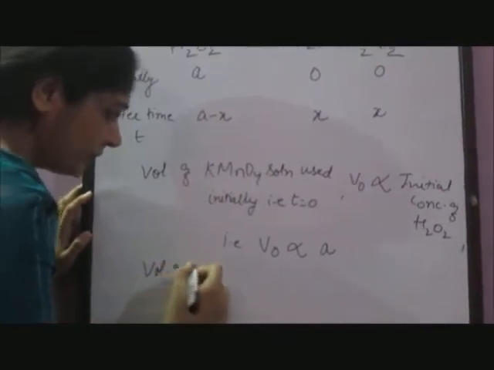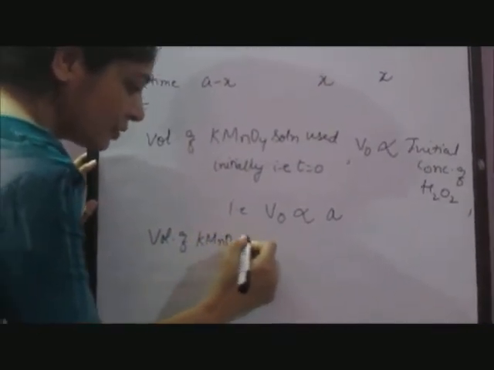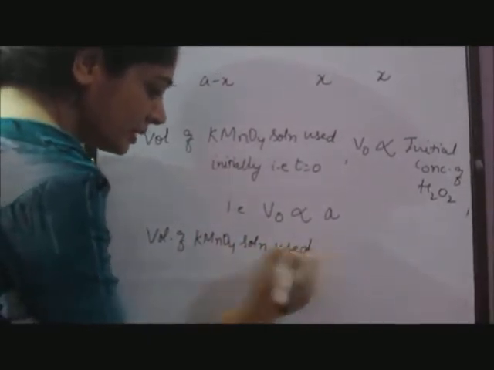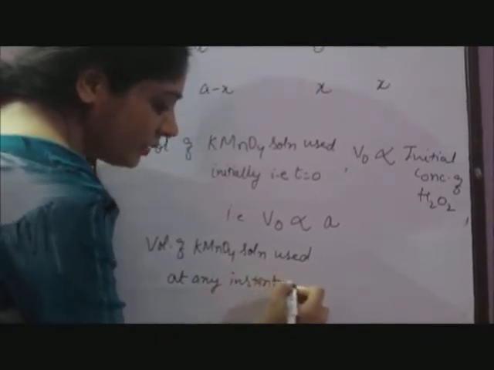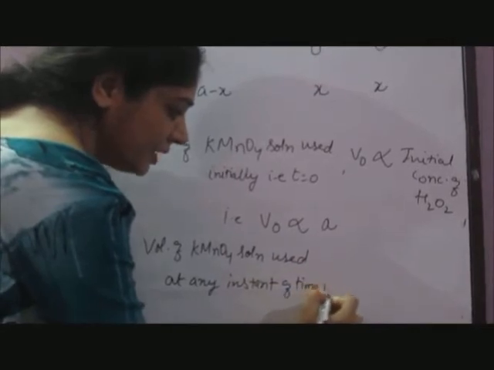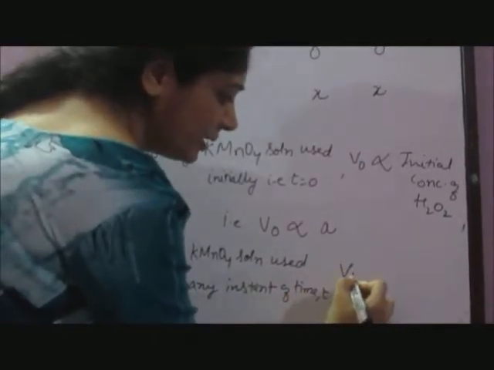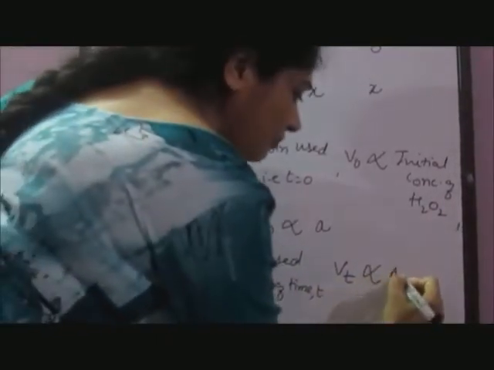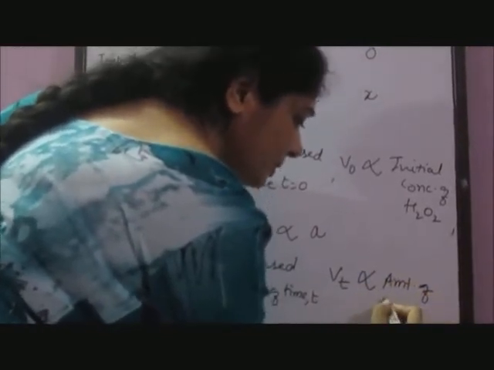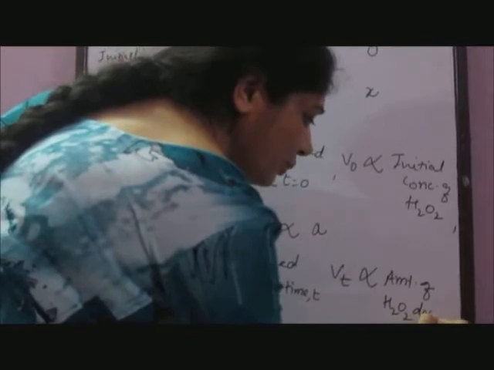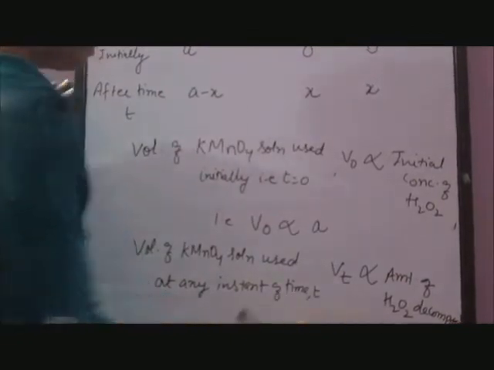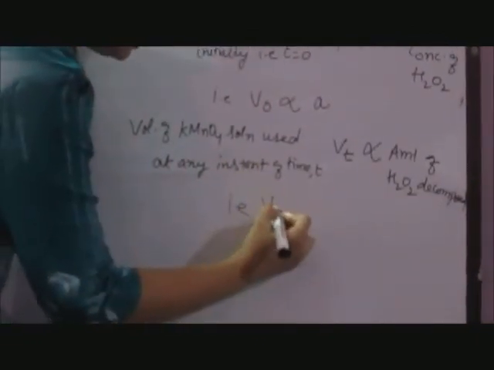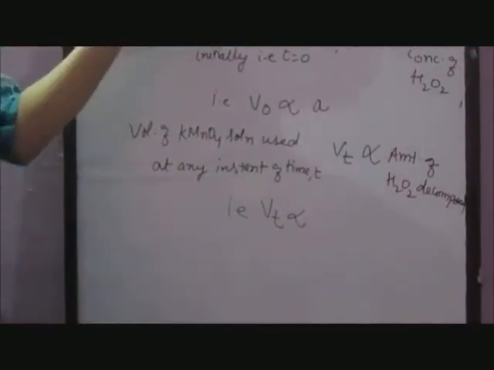Now volume of KMnO4 solution used at any instant of time t is Vt, which is proportional to amount of H2O2 remaining. Here Vt is proportional to A minus x.